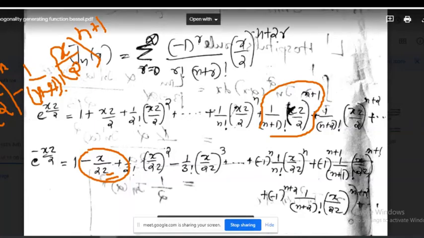Then (x by 2) to the power n plus 2. Okay, 1 by (n plus 1) factorial (x by 2) to the power n plus 2, isn't it? I think that's what you said.